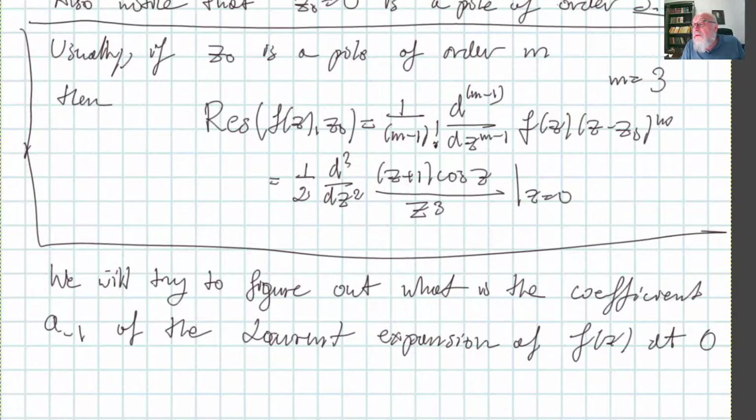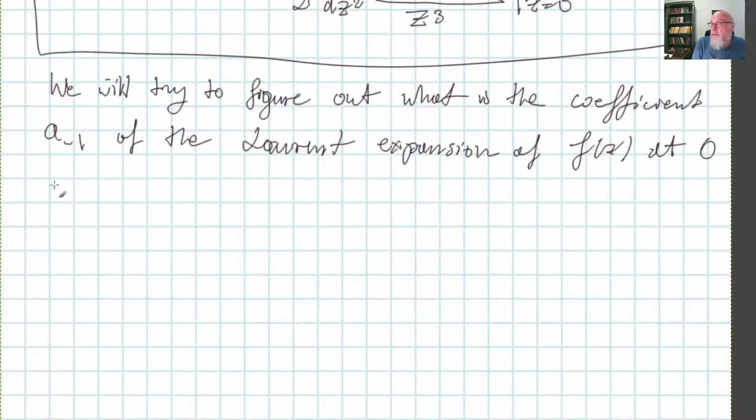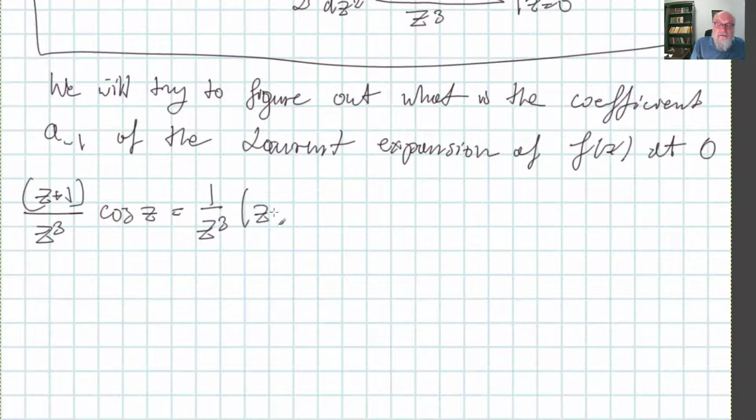How to do it? Let's say we start with that one. My function is (z plus 1) divided by z cubed, times the function cosine of z. So we have 1 over z cubed, and then z plus 1, which is already the Taylor series of that function.